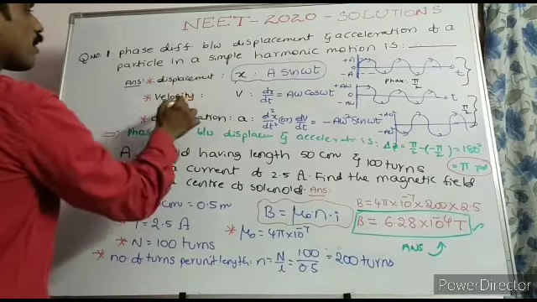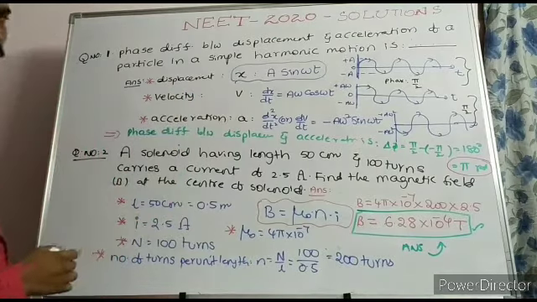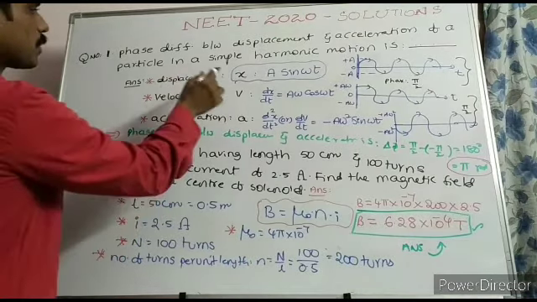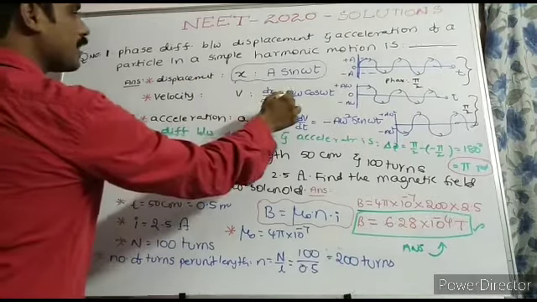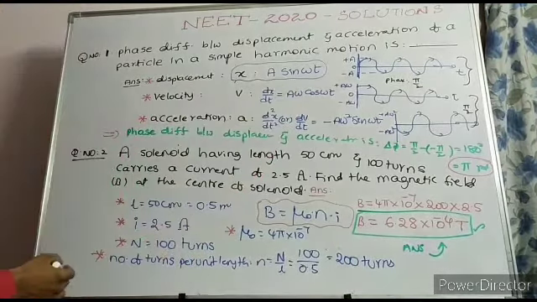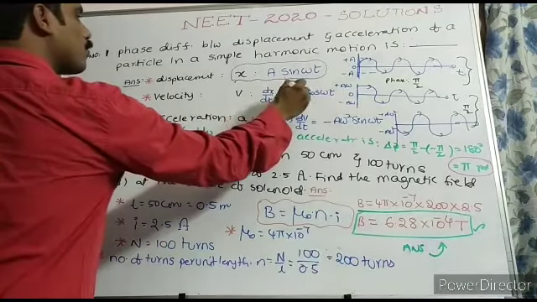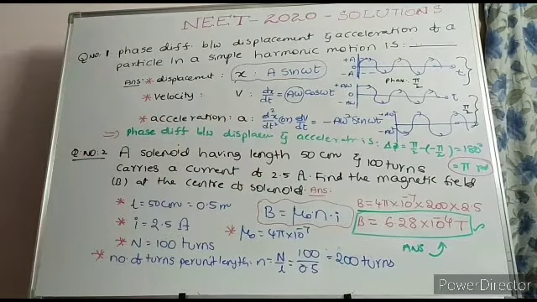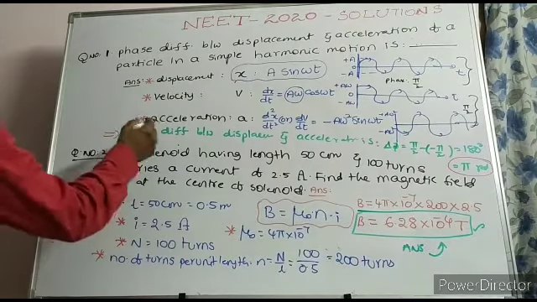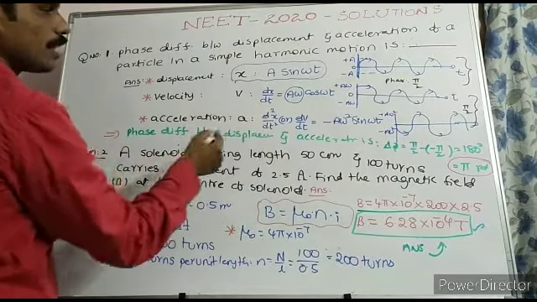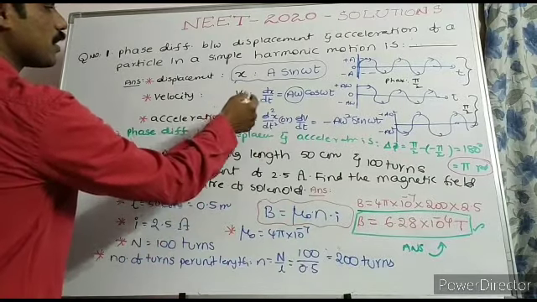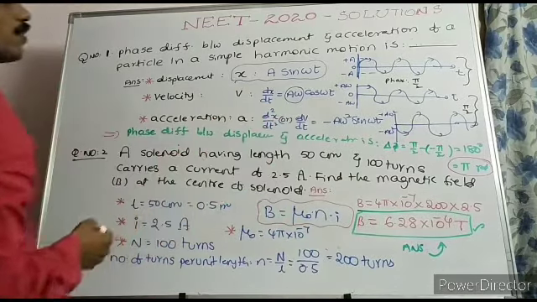After differentiating displacement with respect to time, we get a cosine function, a omega cos omega t, where the amplitude is a omega. Acceleration a is equal to d square x by dt square, or by differentiating the velocity we get the expression for acceleration.